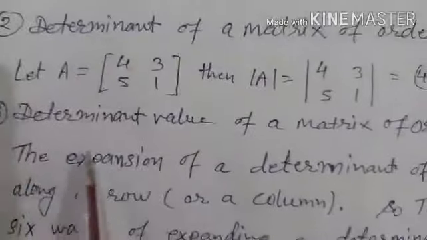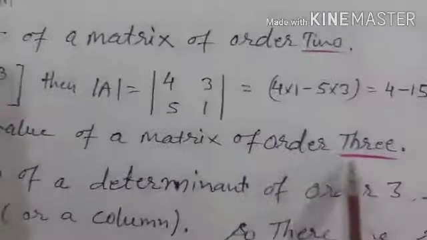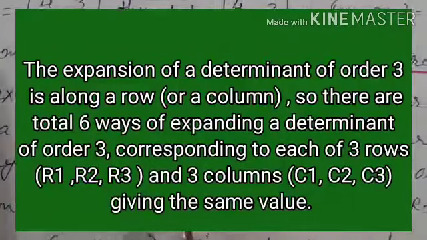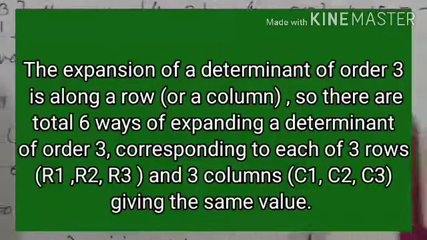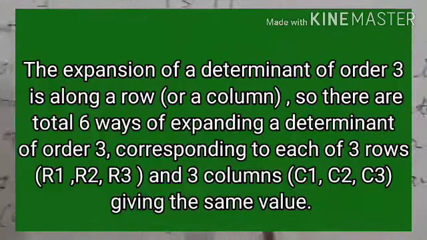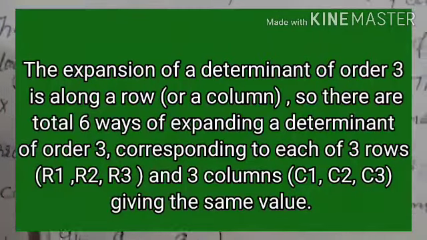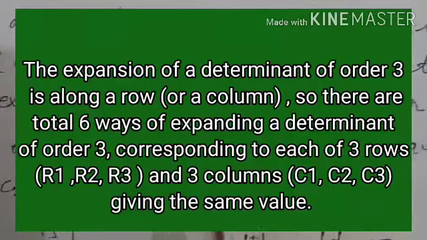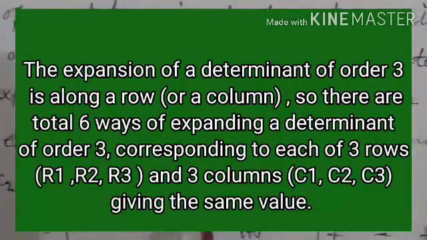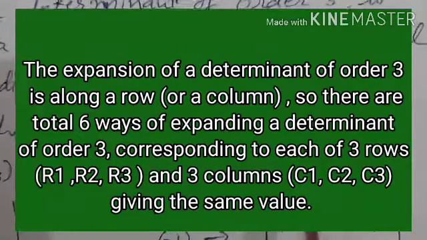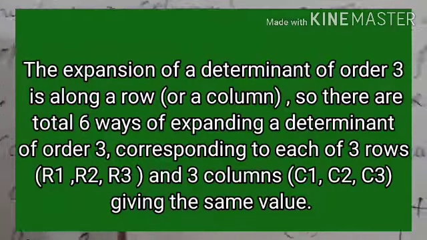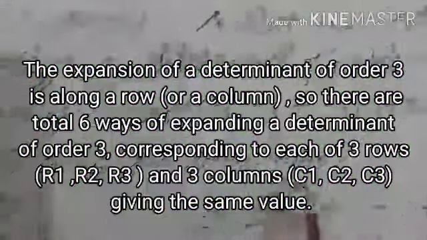Now the determinant value of a matrix of order 3. The expansion of a determinant of order 3 is along a row or a column. So there are a total of 6 ways of expanding a determinant of order 3, corresponding to each of the 3 rows, that is R1, R2 or R3, and the 3 columns, that is C1, C2 and C3, all giving the same value.